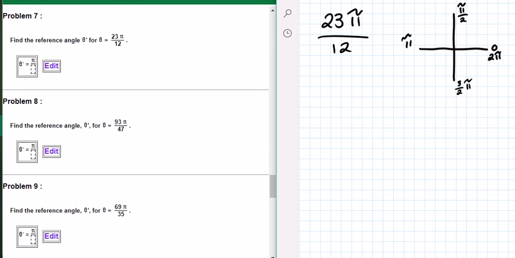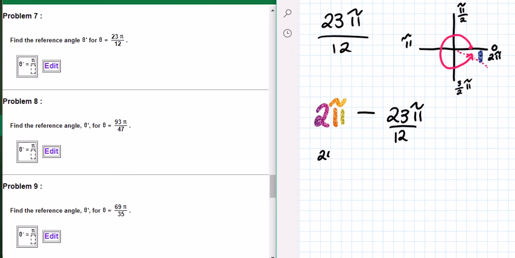So 23 over 12, I think about that as 24 over 12, so it is almost 2 pi. So I know that it should fall into this fourth quadrant somewhere. So since it falls into the fourth quadrant, what I want to do is take that 2 pi and subtract 23/12 pi.